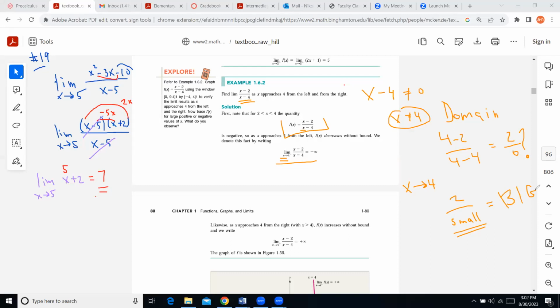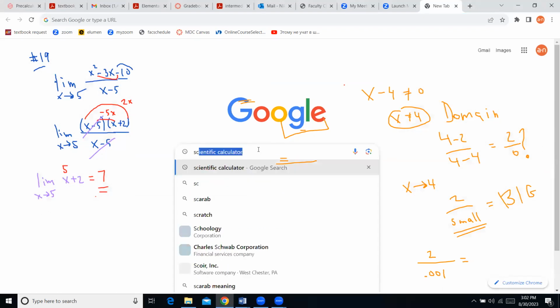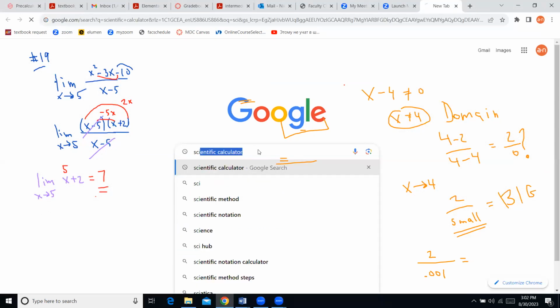You say, why are you telling me that 2 divided by small is big? Well, try to divide 2 by something very small. Let's say 1 thousandth. When I do this, I can take a calculator and see that it'd be 2,000. It'd be a big number. I can try with the scientific calculator.